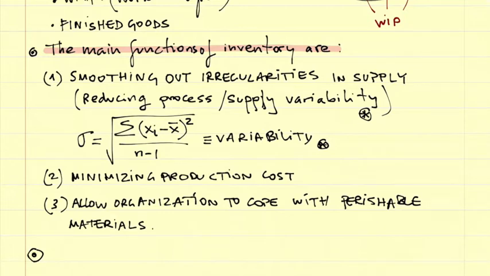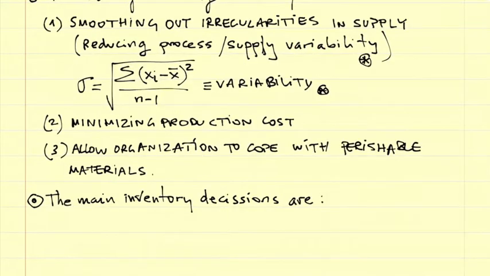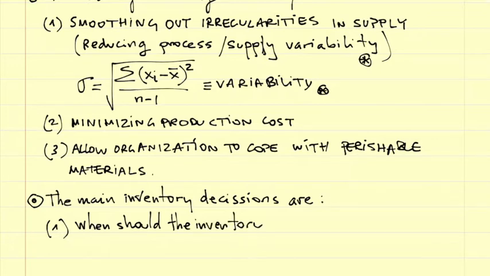The main inventory decisions are as follows. Number 1, when should the inventory of an item be replaced?